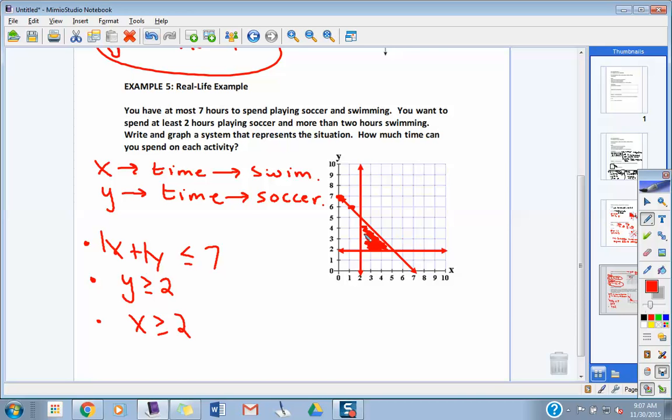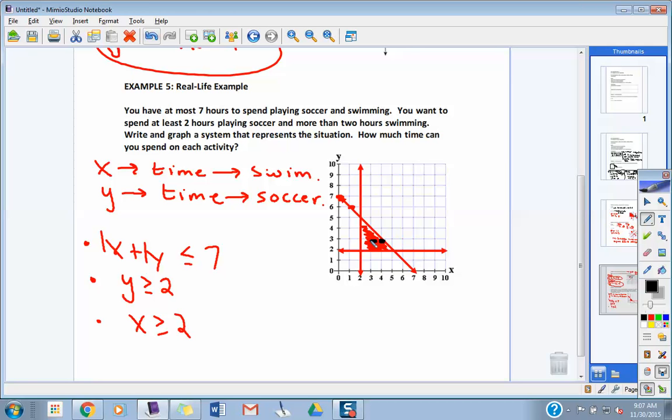So guys, here's a question. Looks like if I go right 4 and up 3, I can be on a solid line. Can that point work right there on the line? Yeah. It can. Solid. Can a point work in here? Yeah.